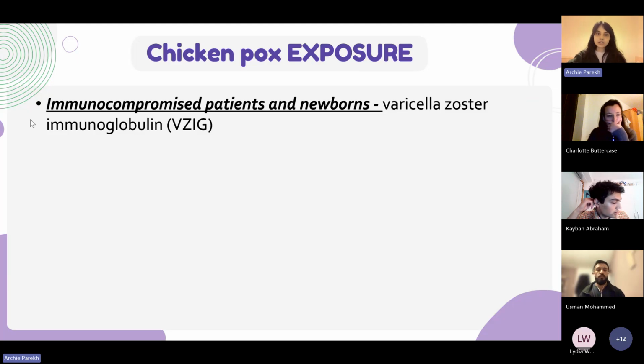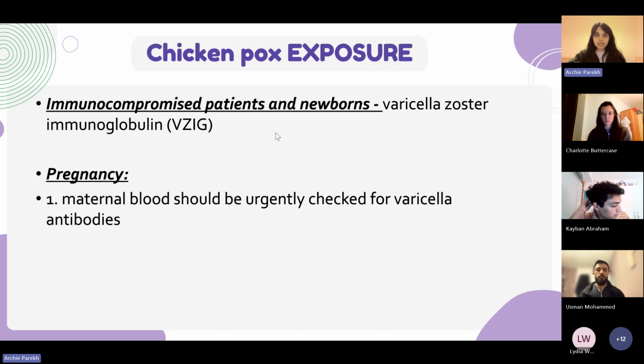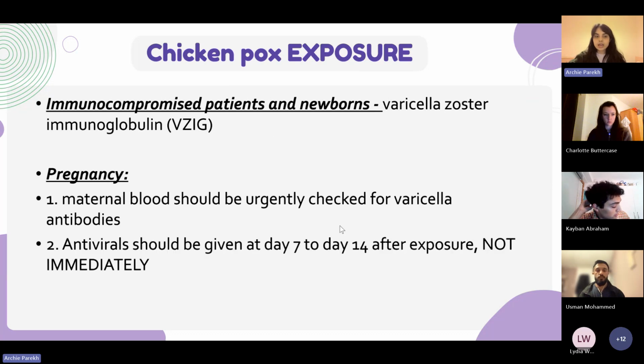So you're going to look for their varicella zoster immunoglobulin in their blood. And then if they don't have immunity, then you give them antivirals. Specifically in pregnancy, they've noticed that the outcomes are much better if you delay the antivirals to day 7, which is why you don't give them immediately. You give it to them after a week.